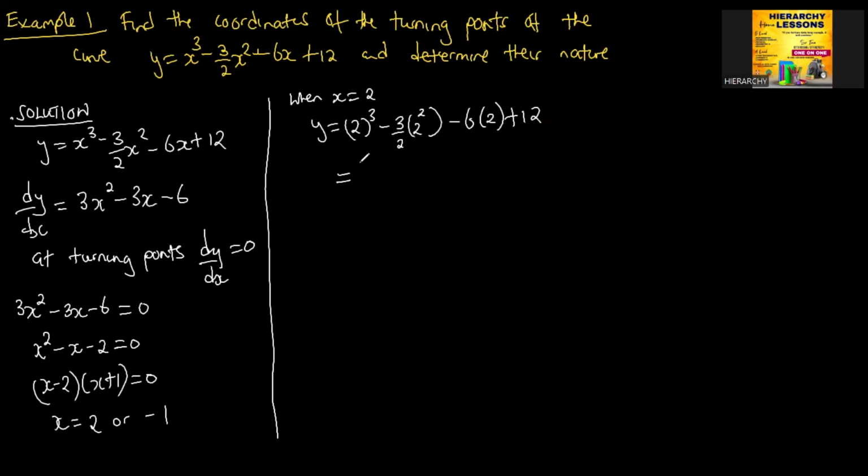So it's 8 minus 2 squared, which is 4, times 3/2 is 6, then 6 times 2 is 12, so 8 minus 6 minus 12 plus 12, which gives 2.